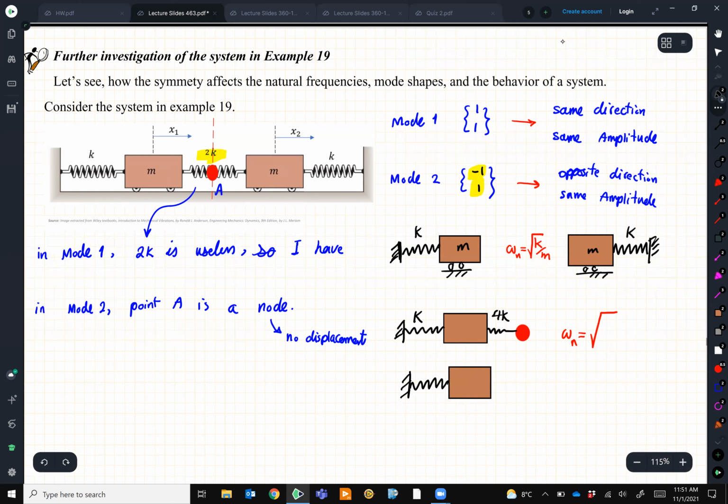So this is 5K equivalent. And we know the natural frequency of this system is 5K over M.